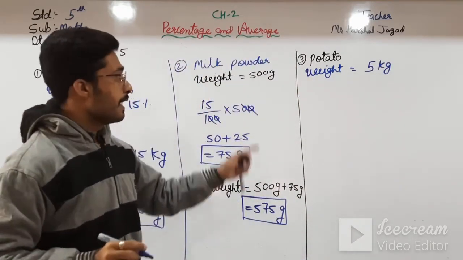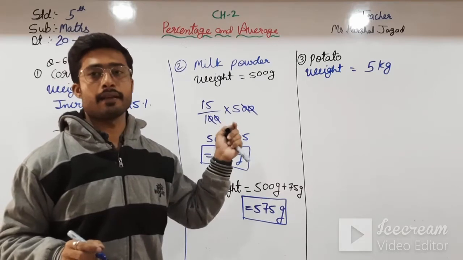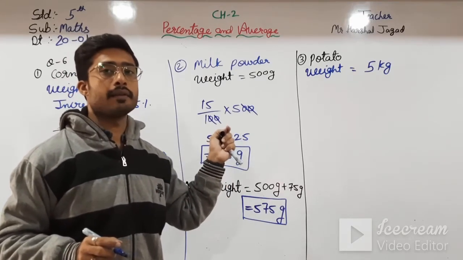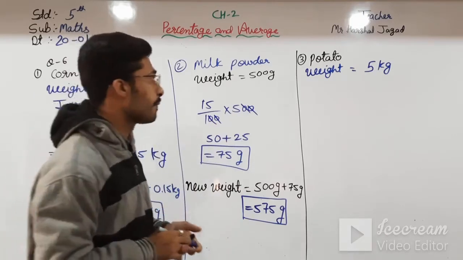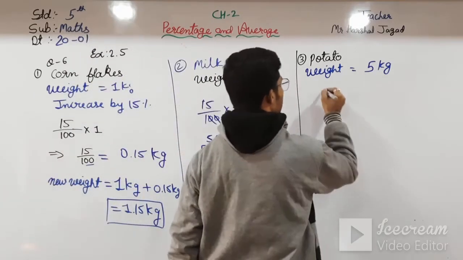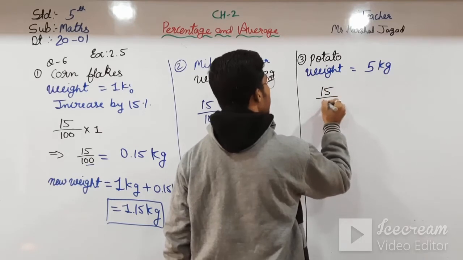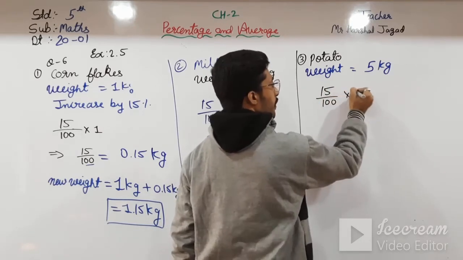Then here we have to first take how much 15% means. And then we have to add that. So 15% of 5 kg.